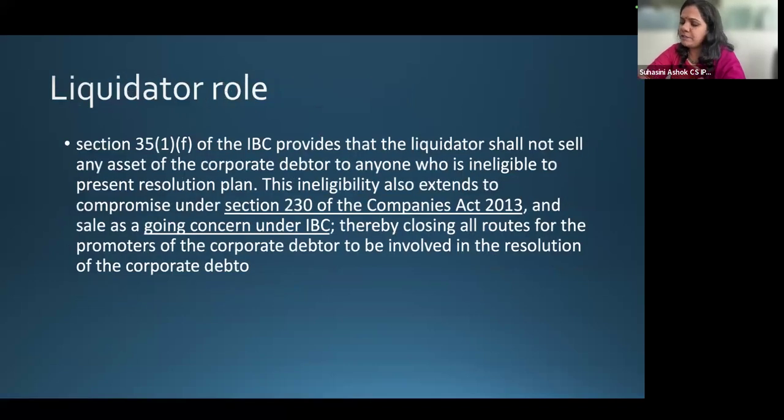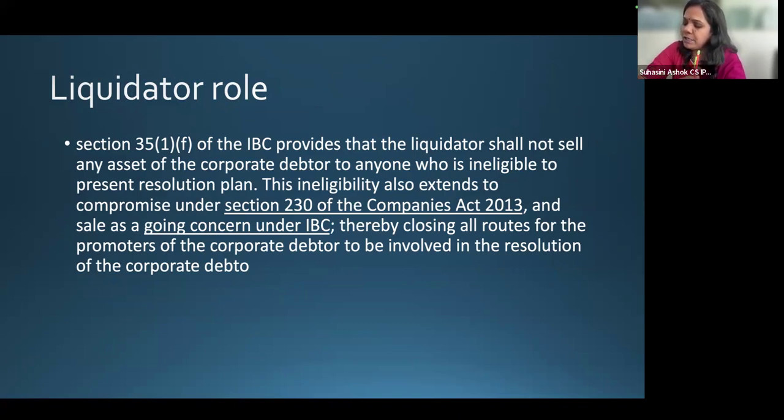So we'll just briefly touch on the liquidator's role. Under Section 35(1)(f), the liquidator shall not sell the asset of the corporate debtor to anyone who is ineligible to present the resolution plan. The ineligibility also extends for compromises under Section 230 of the Companies Act, or even the sale as a going concern, or even the e-auction.